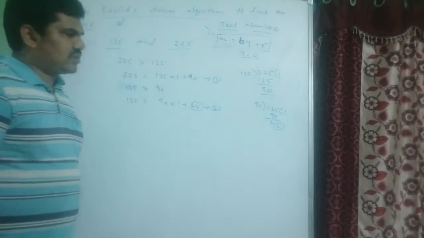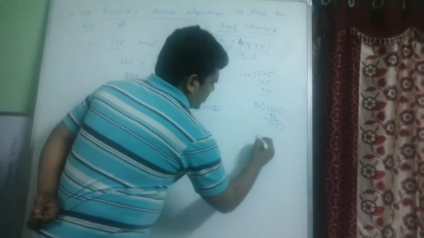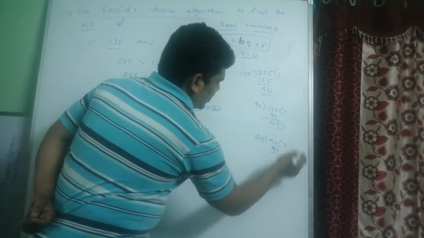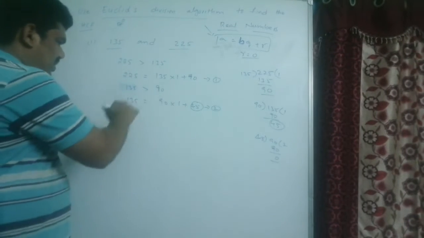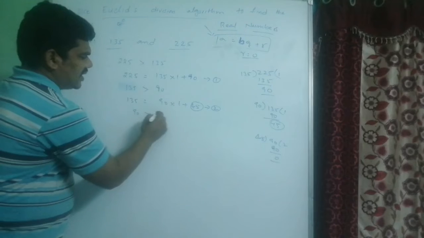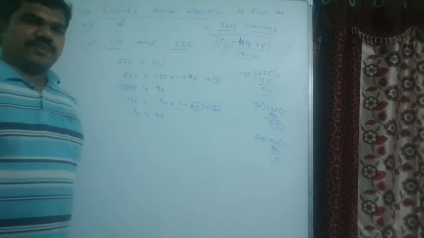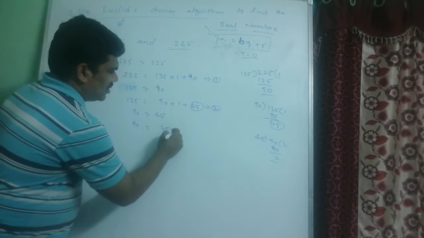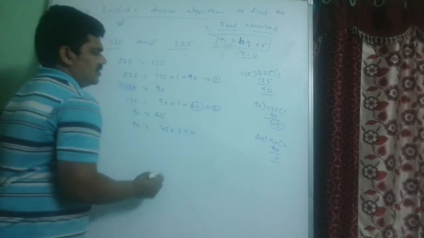Again, one more step. Now 45 into 90, and the remainder is 0 here. So we write again: 90 is greater than 45, so we can write 90 as 45 into 2 plus 0.